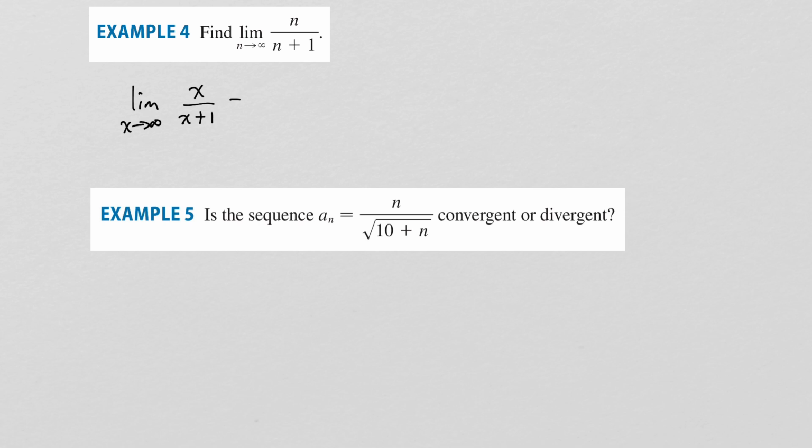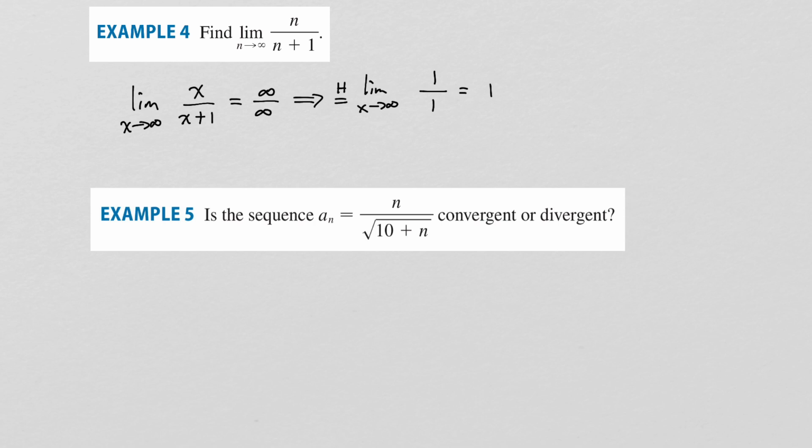Now we know that this limit is infinity divided by infinity, but this means that we can evaluate this limit by using L'Hopital's rule. To use L'Hopital's rule, we'll take the derivative of the numerator, which is 1, and the derivative of the denominator, which is 1. And of course, 1 divided by 1 is 1.